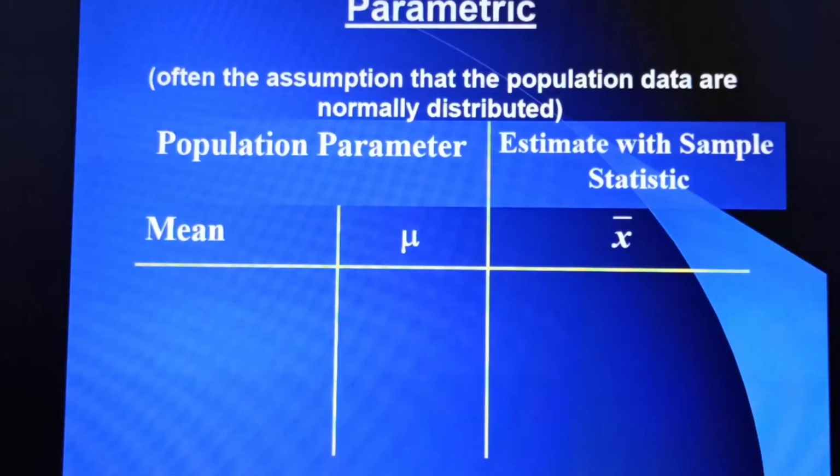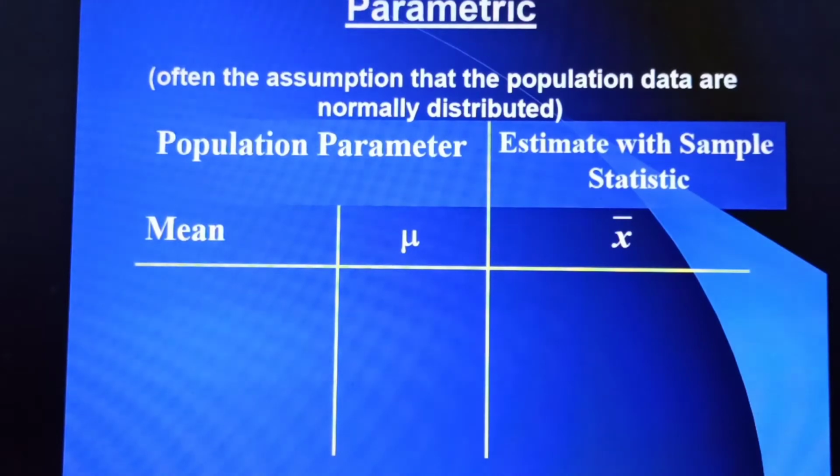So, what is parametric? In this, the assumption that the population data are normally distributed is a requirement, and parameters like the mean are to be estimated based on the sample.